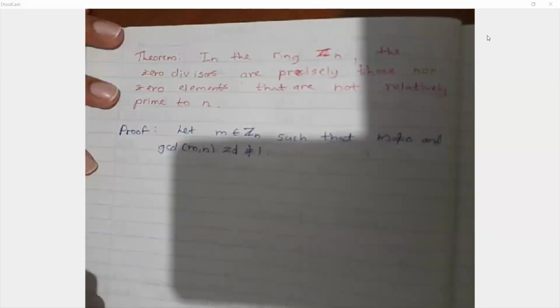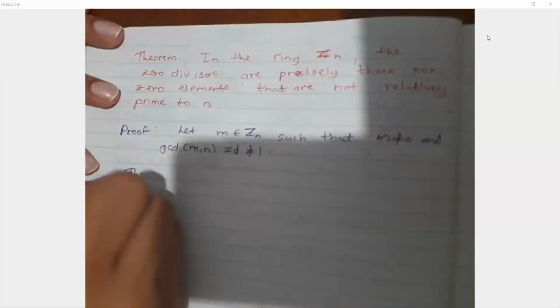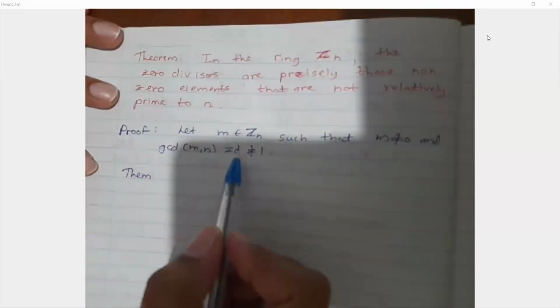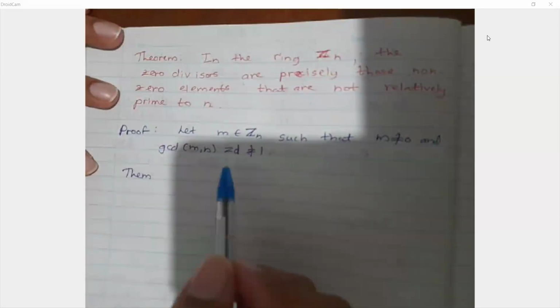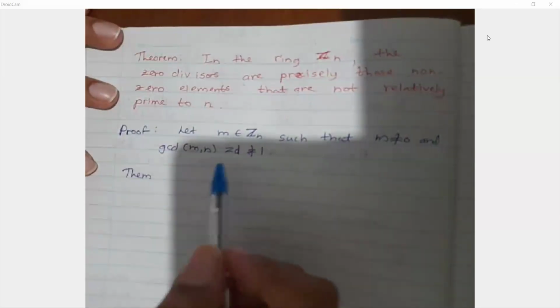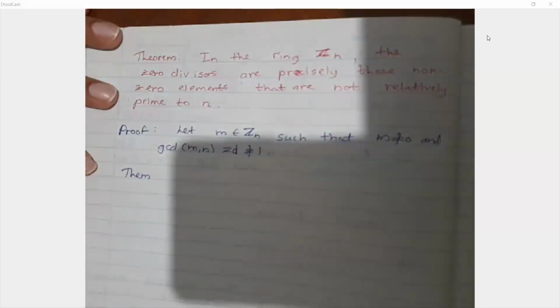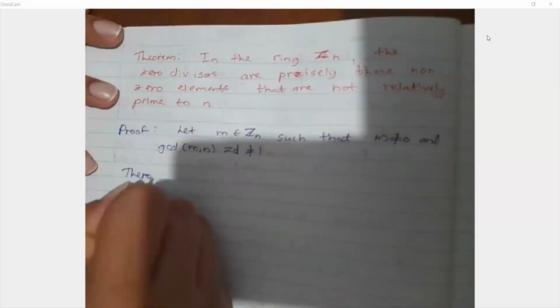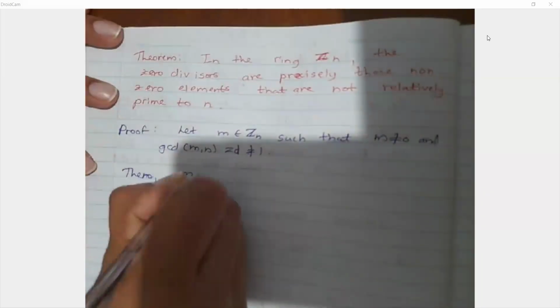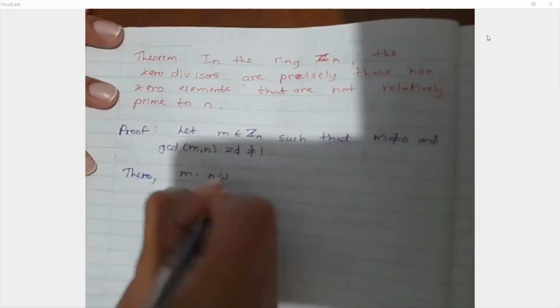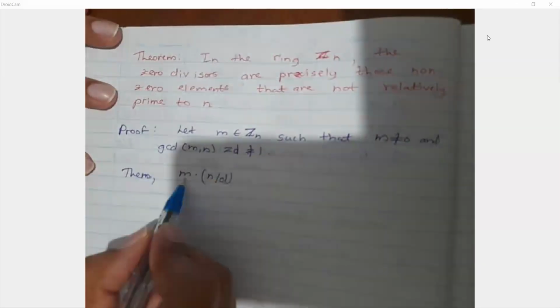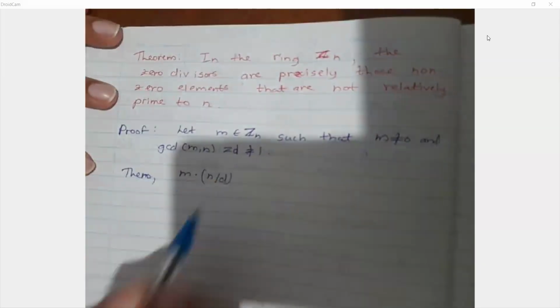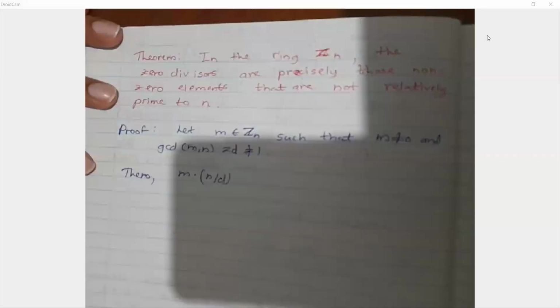Okay. Then d is a common divisor of m and n. When you divide m by d, you get an integer. Divide n by d, you get an integer. So we can write m times n over d. M is an integer, and n over d is an integer because d divides both m and n.